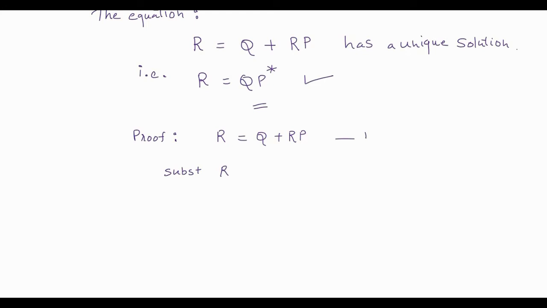I will call this equation 1. We'll substitute R equal to QP star in equation 1. Then equation 1 becomes R equal to Q plus, wherever R occurs on the right hand side, replace that R with QP star.